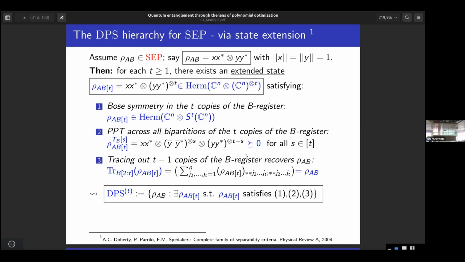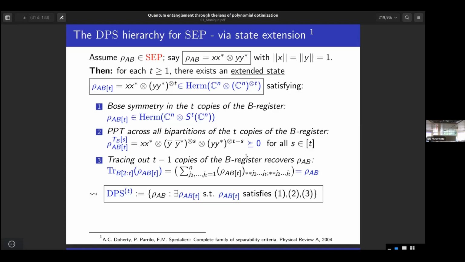Here is the formula, and this is where we use the fact that we normalized y to have norm one. So, in summary, what is level t of the DPS hierarchy? It is the set of bipartite states which have an extended state of order t satisfying these three properties.